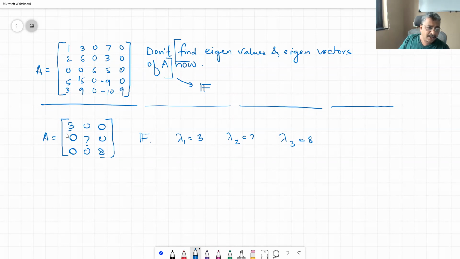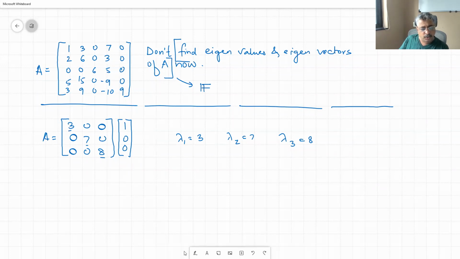Why? Because if you multiply this matrix by the vector 1 0 0, what is it doing? It will always keep only the first column. Now this is 3 by 3, this is 3 by 1, therefore you will end up getting 3 by 1. Which one will survive?